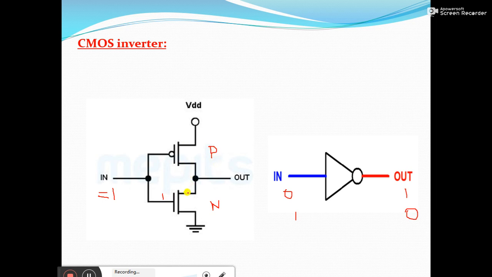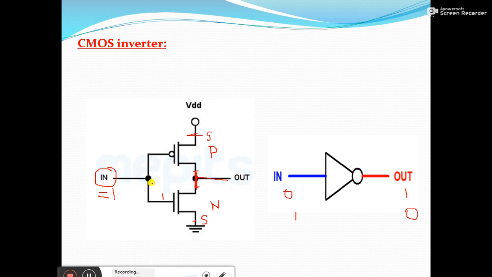Since these two are connected in series, regarding construction you can say the source terminal of the PMOS transistor is connected to a VDD source, and the source terminal of the NMOS transistor is connected to ground, whereas the drain terminals of both NMOS and PMOS are shorted together. Output is taken from here, and the gates of these two transistors, NMOS as well as PMOS, are shorted together, where we apply the input.